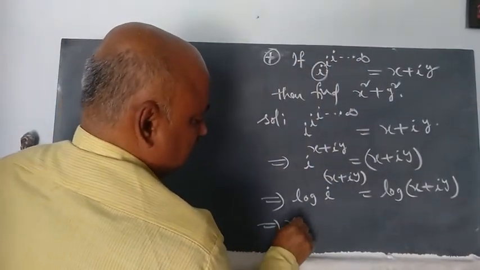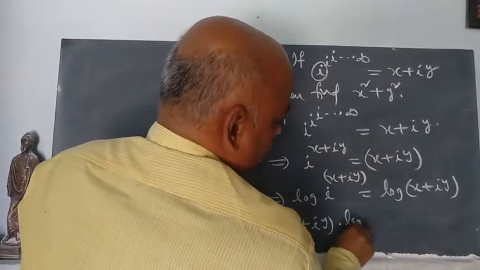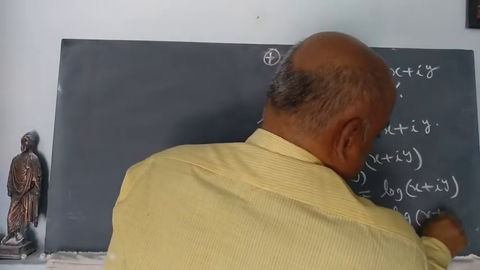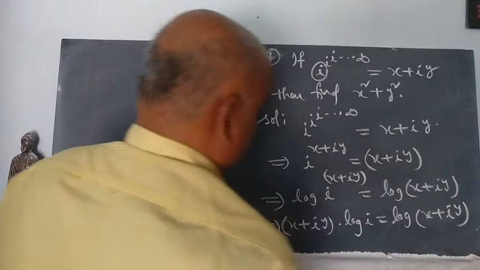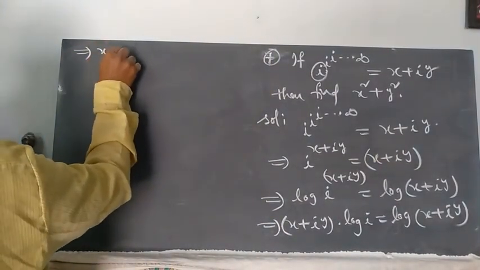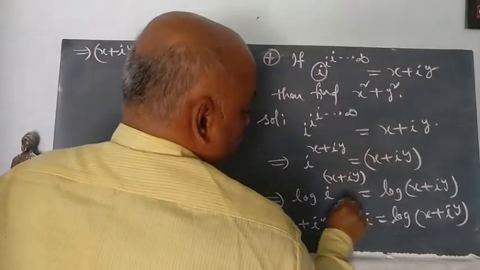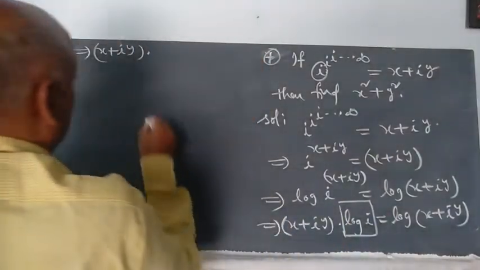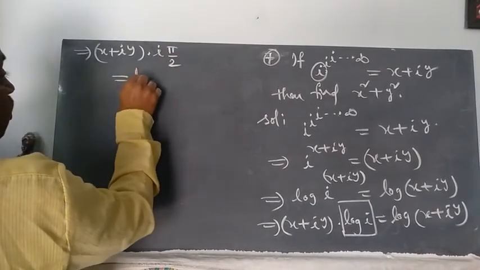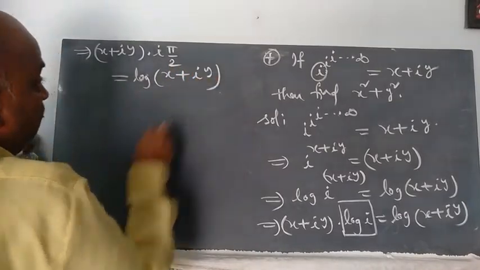This implies x plus iy into log i is equal to log of x plus iy. So x plus iy into log i value, which is i pi by 2, is equal to log of x plus iy.